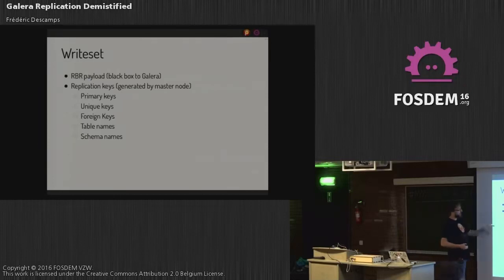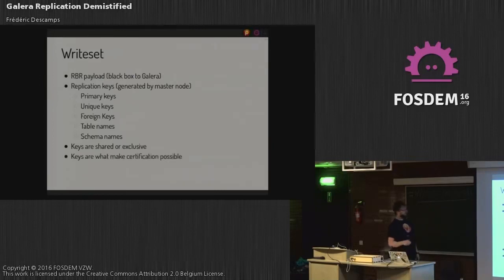And in the new version, if you don't have these keys, it can generate them for you. But it's always preferable to have primary keys. All InnoDB best practices are still valid, and much more valid in Galera than in InnoDB itself.